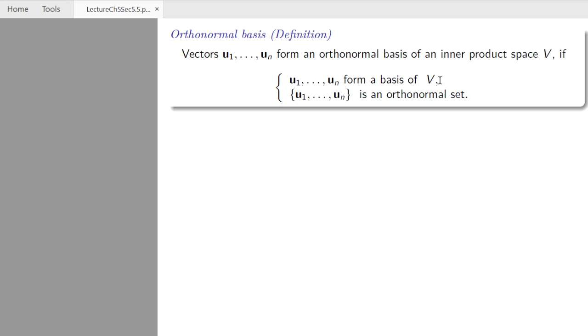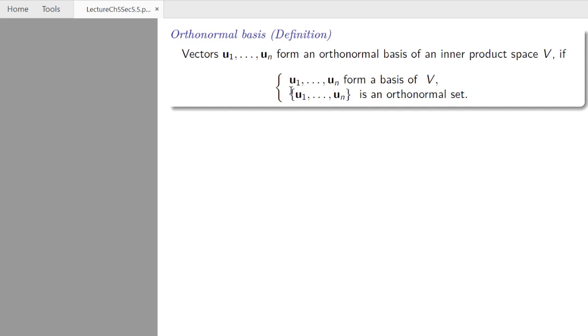Based on theorem 5.5.1, we can have a definition we call orthonormal base. We say vectors u1, u2 to un form an orthonormal base of inner product space V if it satisfies the following two conditions.